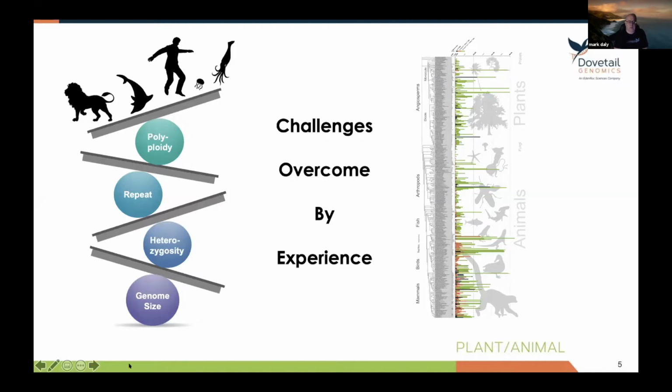But on the right is our tree of life. And I think the tree of life is a graphic that's available on our website, and you're free to browse that. These are genomes that our customers have said it's okay to publicly talk about.